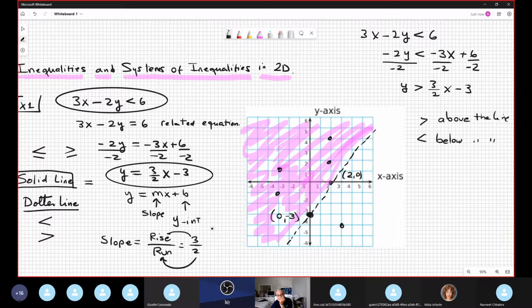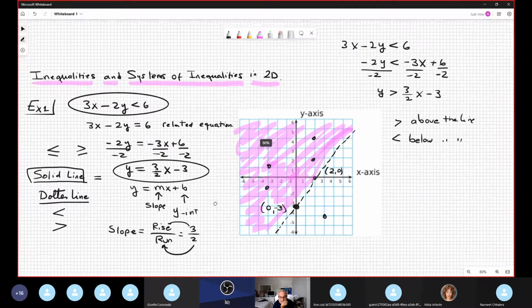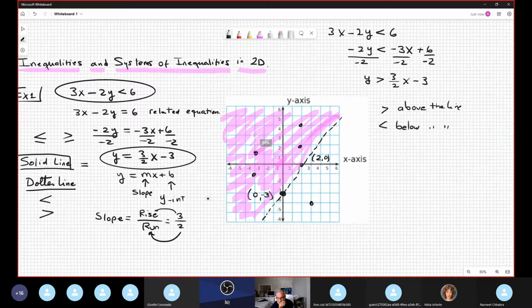Another way is, well, you take a testing point, totally arbitrary. You test because we have a 50-50 possibility, you know? It's above or below. The most popular testing point, which works 99% of the time, is the origin, 0, 0.